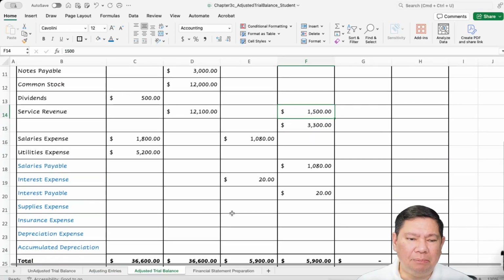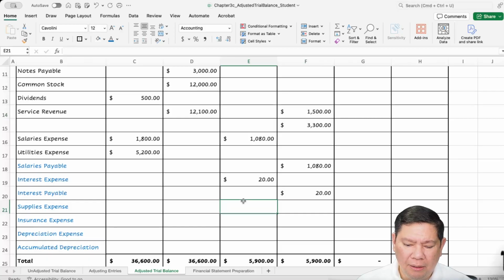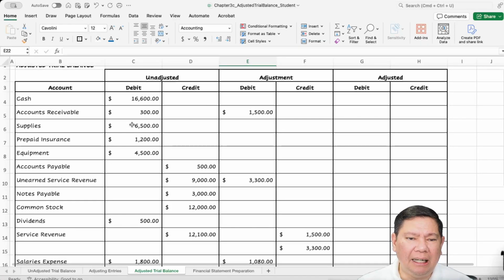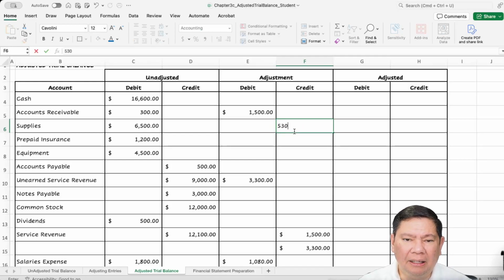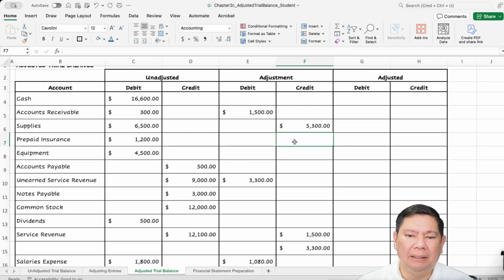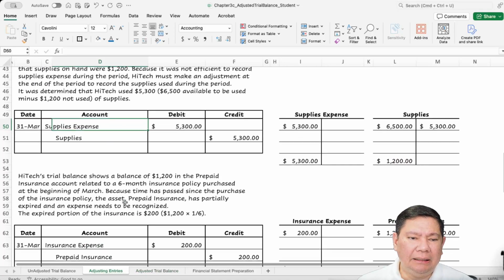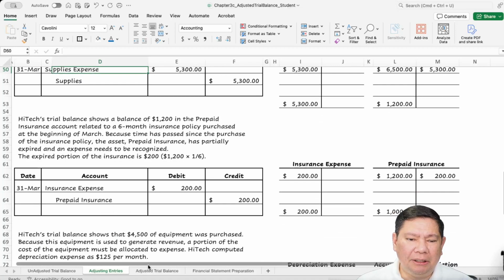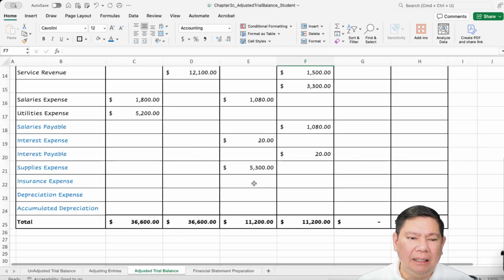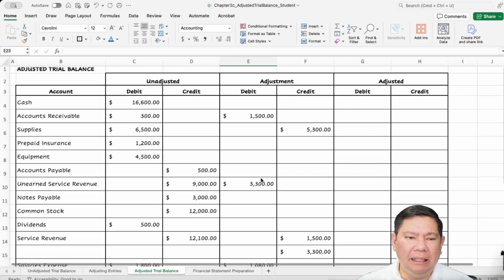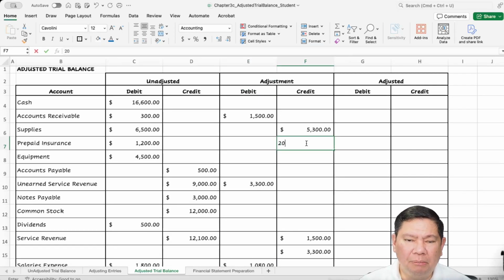So supplies expense is new, 5,300, and supplies has to go down by 5,300. So this one, we put it on credit, 5,300. The next one is insurance expense, 200. That's new. And that will reduce the prepaid insurance by 200.